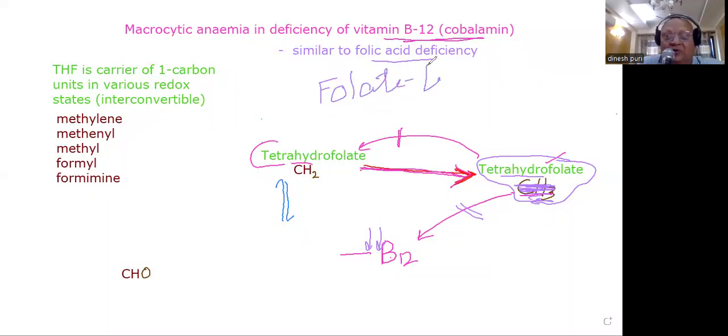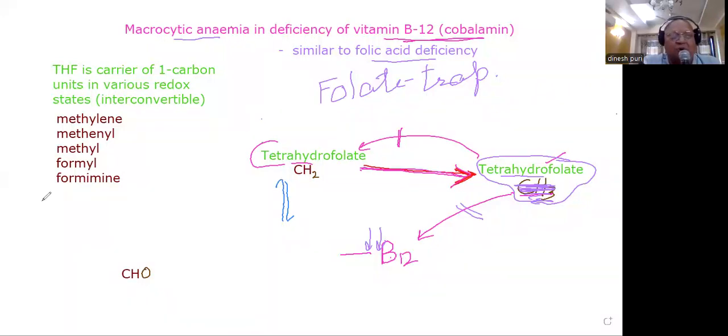This is also called the methylfolate trap. All right. So we finish with this. Why is macrocytic anemia indistinguishable? Because B12 deficiency leads to folic acid deficiency.